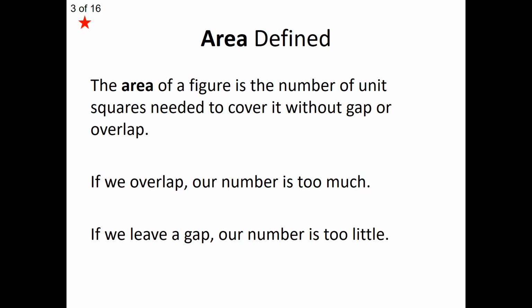Because if we overlap, then our number is too much, right? We've counted too much area. We've counted too many of our unit squares needed to cover our figure. But if we leave gaps in between our cookie cutters with our unit squares, then our number is too little. That means we haven't counted enough area to cover our figure.